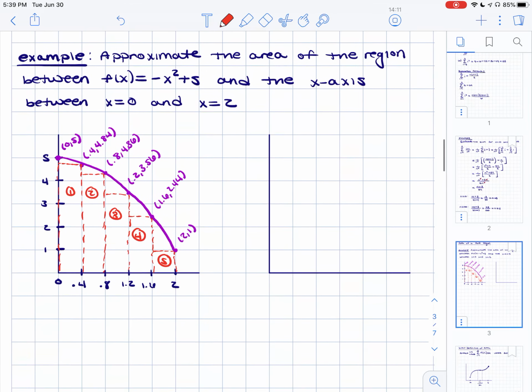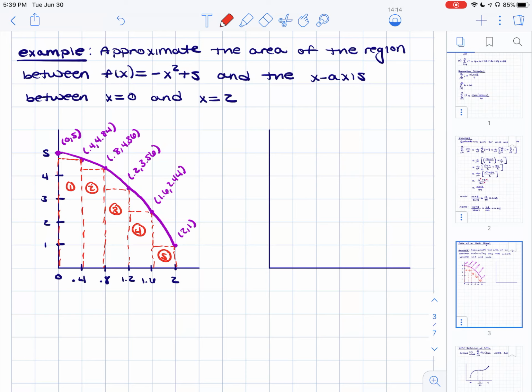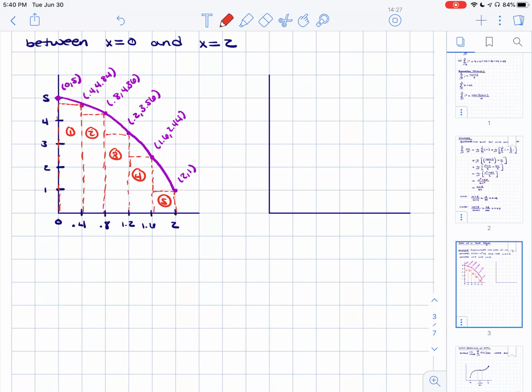To approximate the area under this curve, we need to find the area of each of these little rectangles and then add them up. For number 1, the area of a rectangle is just length times width.